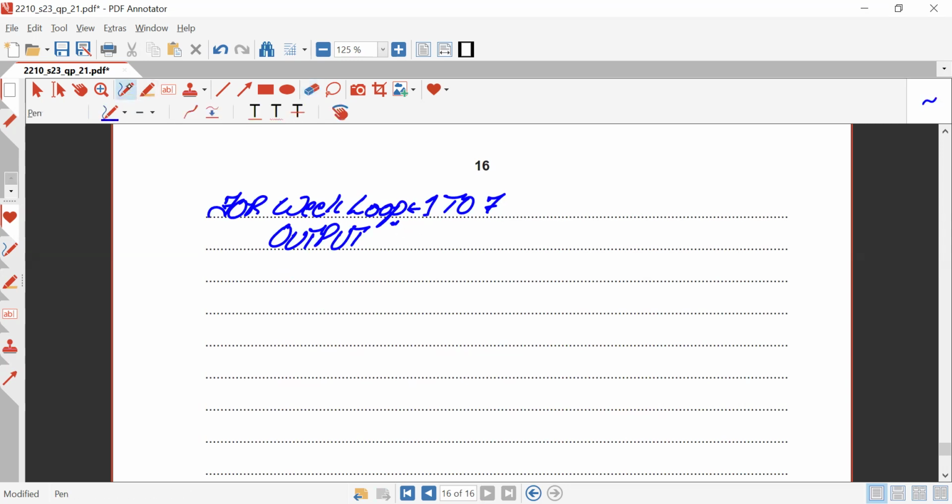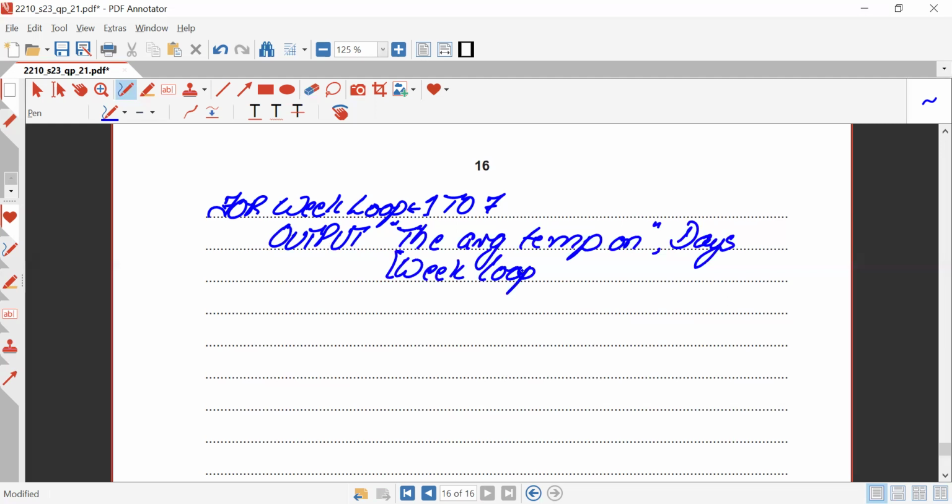The output over here could be the average temperature on, comma, days, week loop, comma, was, average temp, week loop, comma, Celsius.